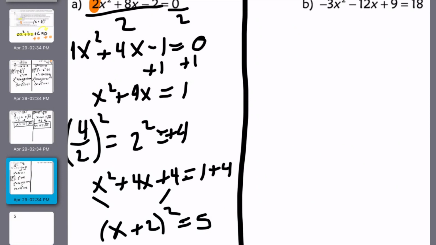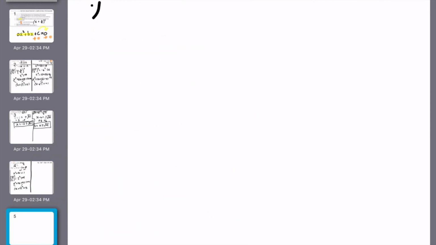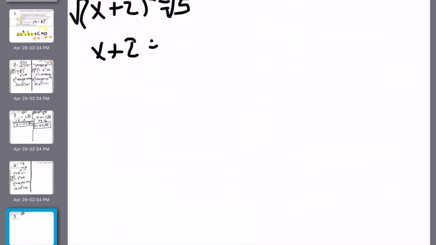And let me go on to the next slide here. I have (x plus 2) squared equals 5. I need to take the square root of both sides here, and I get x plus 2 equals plus or minus the square root of 5.